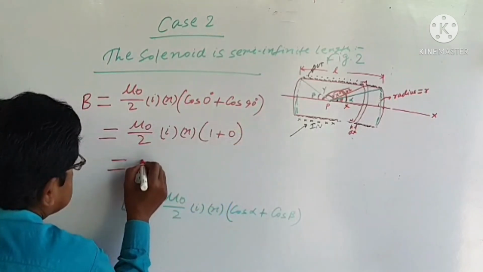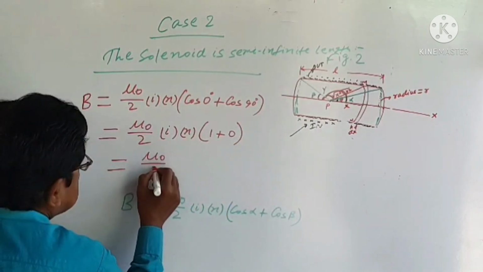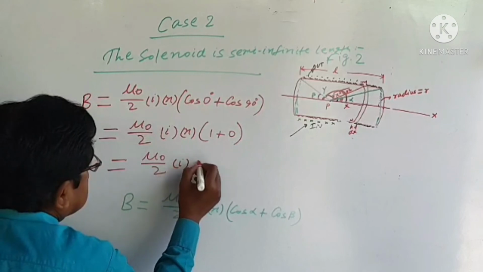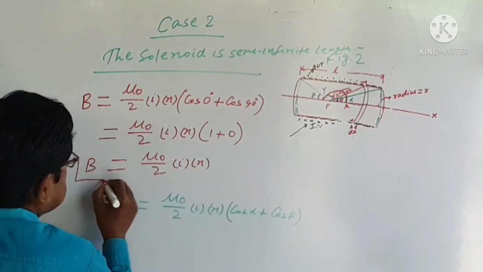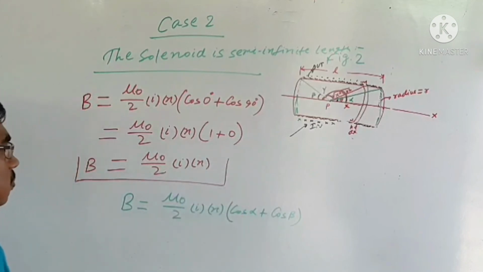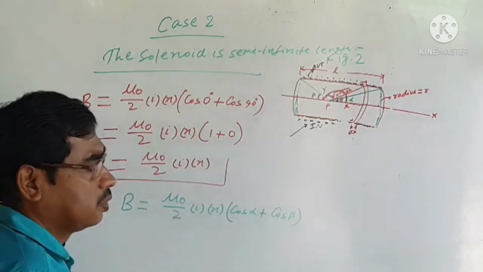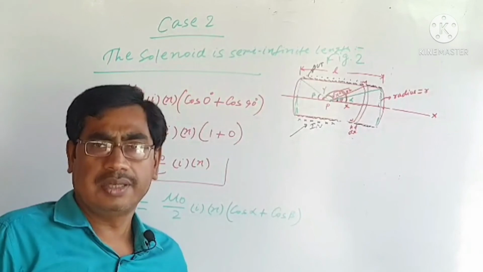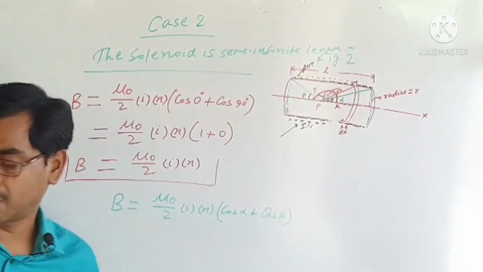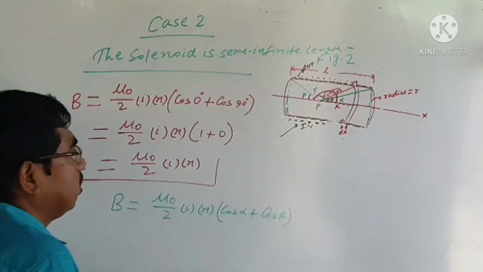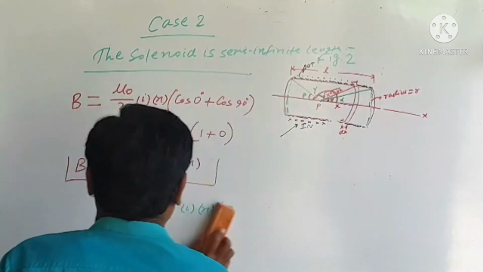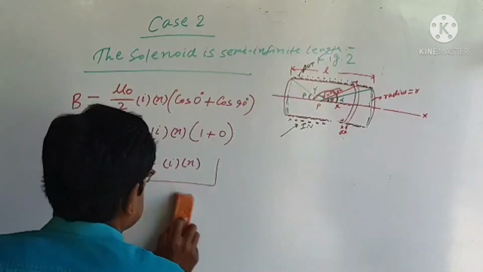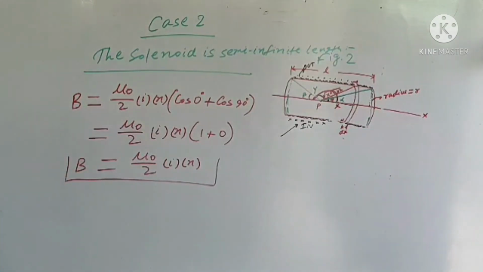This is equal to mu naught upon 2 I n. What we observe here is that at the end, the magnetic field intensity is just half of that at point P.